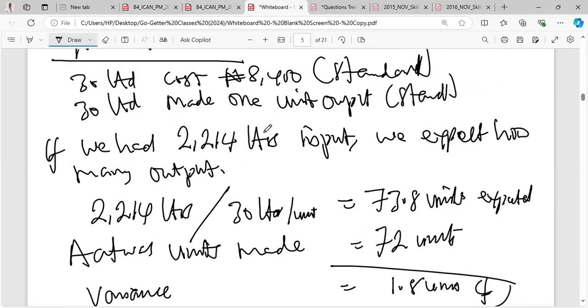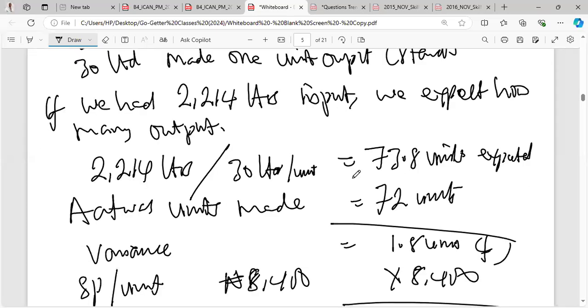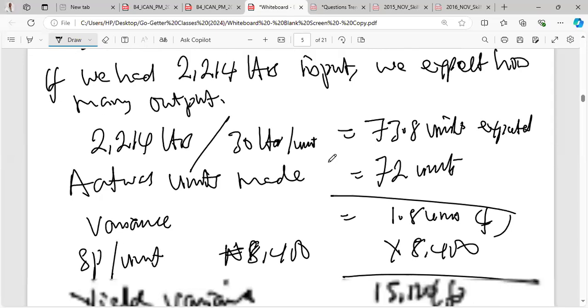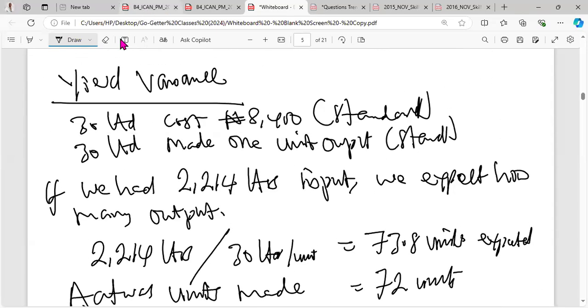2,214 inputs should give us 73.8, but actually it was 72. Now they did it the other way around. Let me use the way they did their own. Let's do it the way they did theirs.